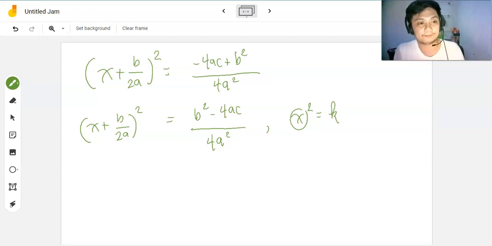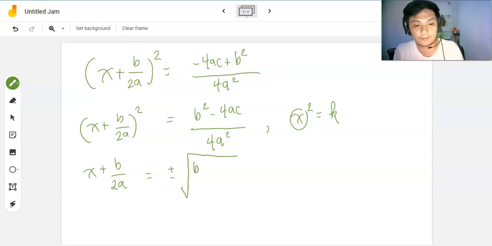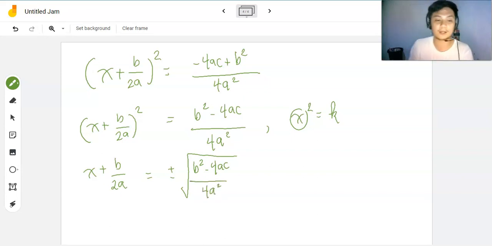So, we just write x plus b over 2a equals positive or negative square root of this quantity here, b squared minus 4ac all over 4a squared. And before we transpose, let's see what we can do to simplify this. The numerator seems hard to find a square root of, so it might as well stay under that radical sign.